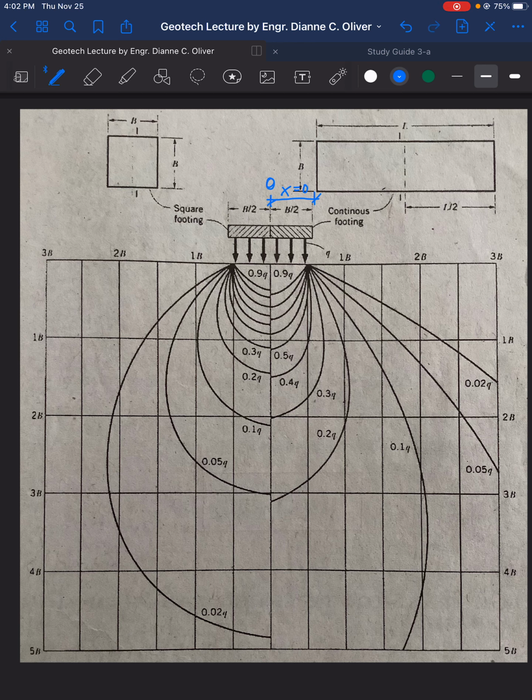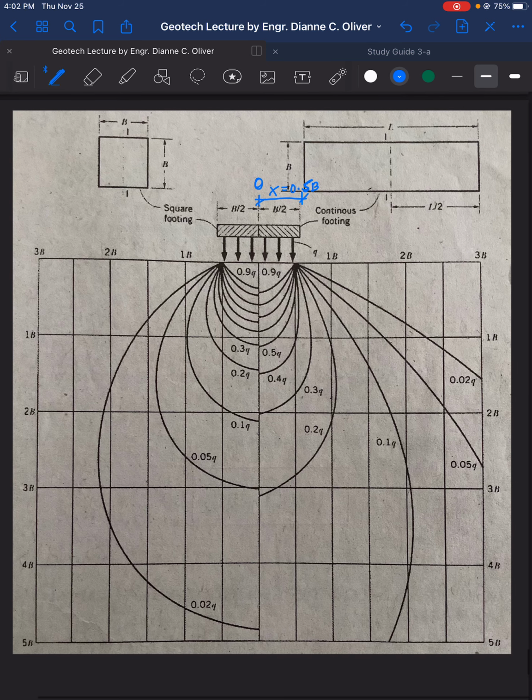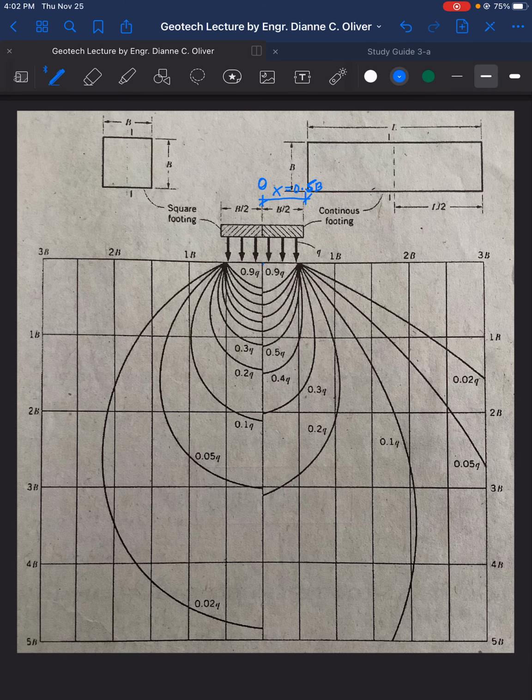The depth here, from this point, is 1B, so Z is equal to 1B.